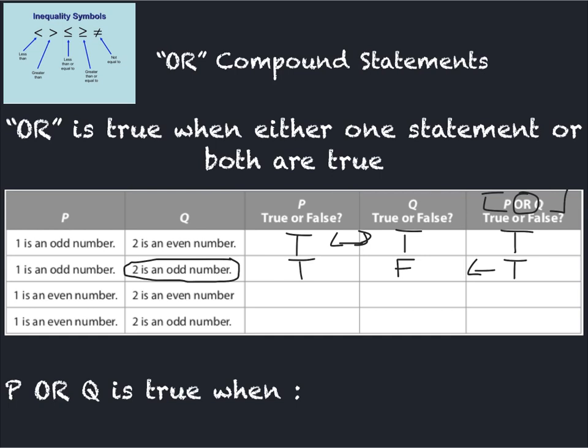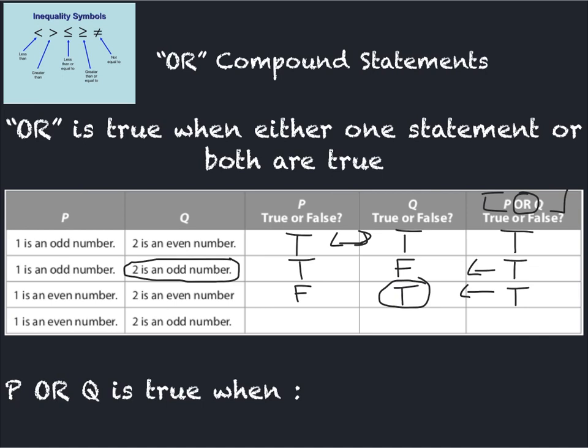Next one, 1 is an even number. That's false. 2 is an even number. That's true. This entire compound statement, P or Q, is going to be true. Why? Because at least one of my statements was true. Okay? So both of them don't have to be true in order for that compound or statement to be true.